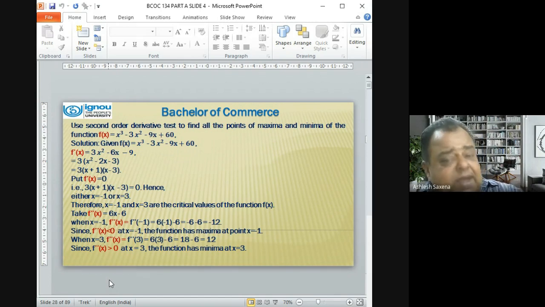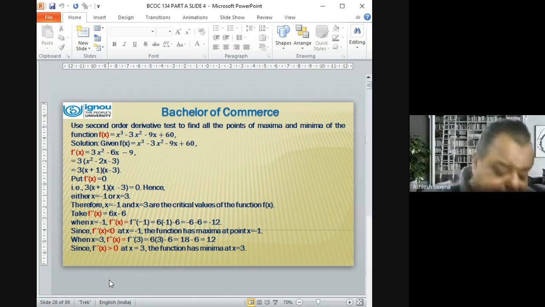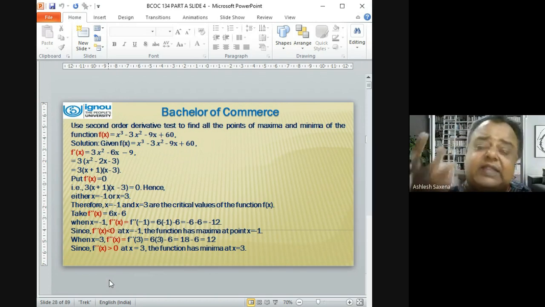X will be equal to minus 1 and x will be equal to 3. That means you are going to have two values of x, x is equal to minus 1 and x is equal to 3. Now, the next step is to study the second derivative at these points.